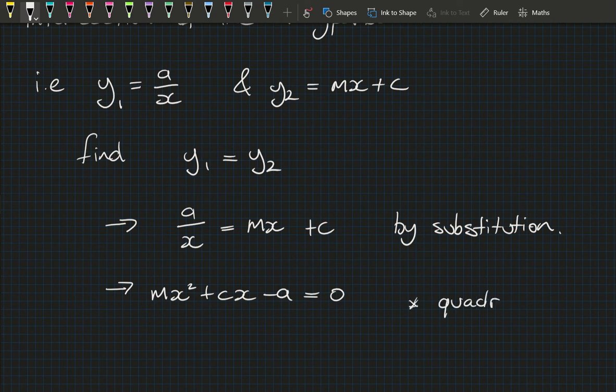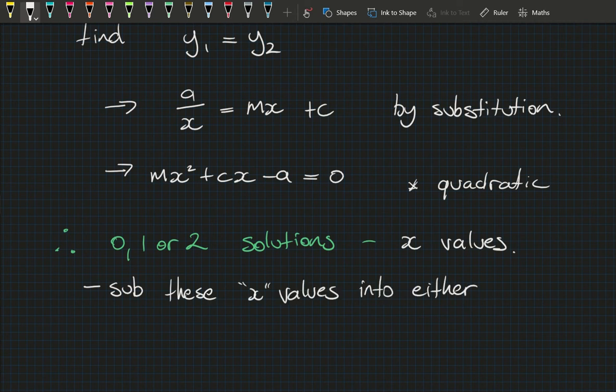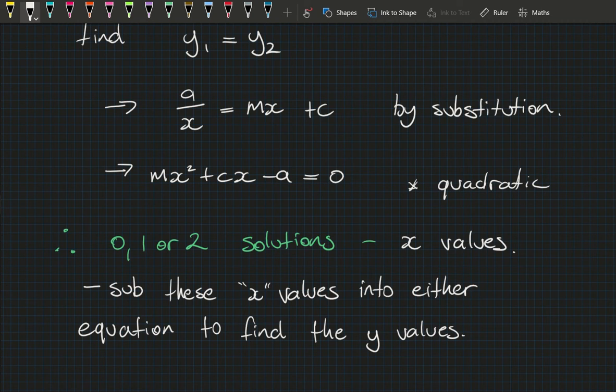And because this is a quadratic, we'll end up having 0, 1 or 2 solutions for x values. And once you've got those x values, you sub them into either equation to find the y value of each intersection. Because of course, an intersection is a coordinate. The reason why you can use either equation is because they're both functions.